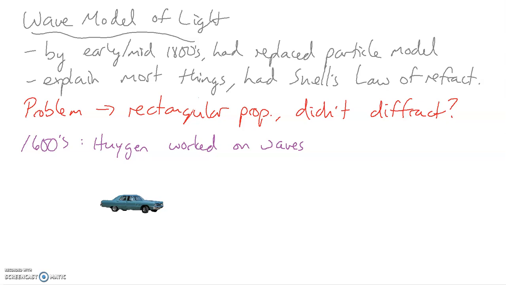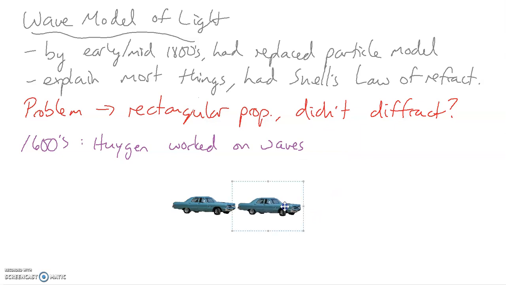Then I press paste again, and it pastes right in front of the other car, and as soon as that one shows up, the previous one disappears. We keep on doing this.